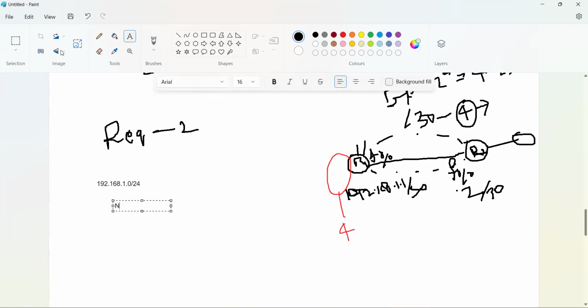Here my n is equal to the total host bits, those are 8, minus 2 for the host bits. I got the answer 6. My network bits are 6. Now move to the second rule. This is my rule 1.